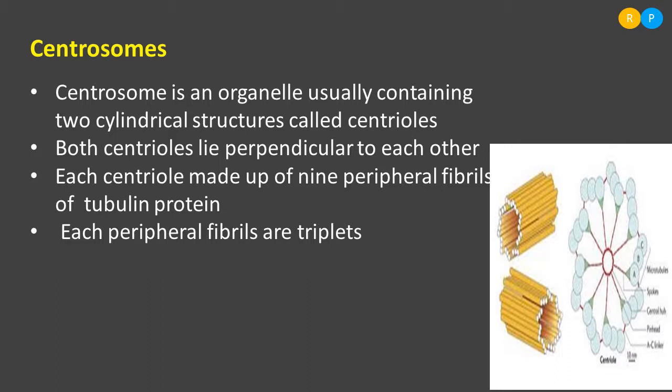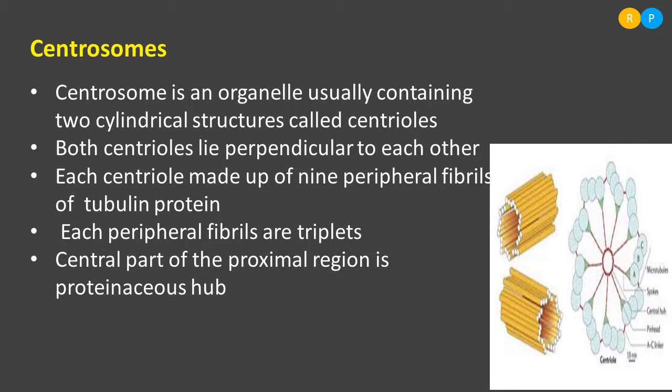Each of the triplet fibrils is connected with the adjacent one. And the central part of the proximal region is a proteinaceous hub. So you cannot find any fibrils in the central region.